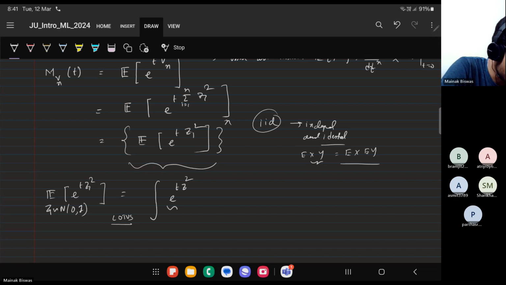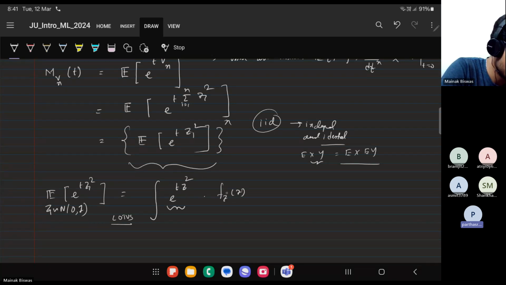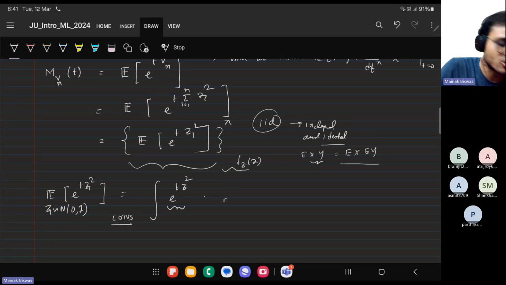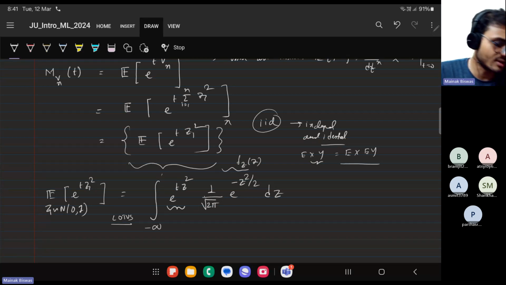So into the PDF, 1 by root 2 pi e to the power of minus z square by 2. That normal distribution PDF you should be able to write in your sleep. It should be by heart. If anything in the world has to be by heart, the normal distribution PDF has to be. That's the only thing you have to remember. From minus infinity to infinity. Okay.